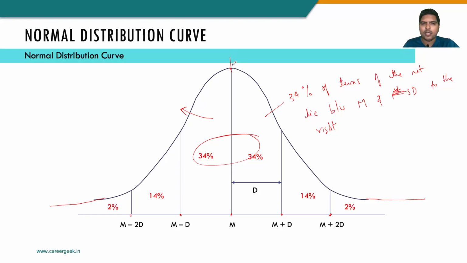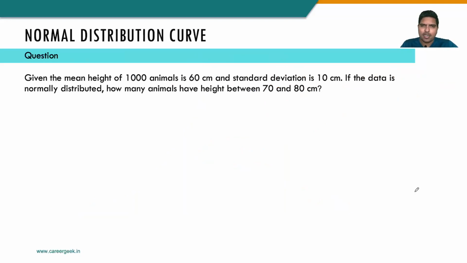Now as you can understand, this is the mean, so 50% lies to the right and 50% lies to the left, because it is symmetric about the mean. So as you can add, 34 plus 14, 48, and from the second deviation to the right it is 2%. So questions are asked directly on this.